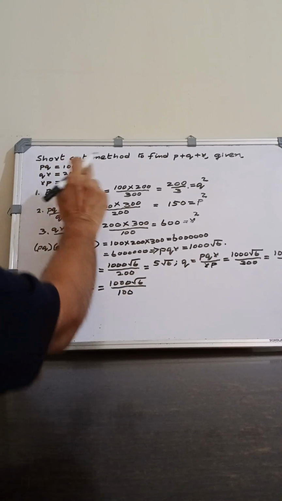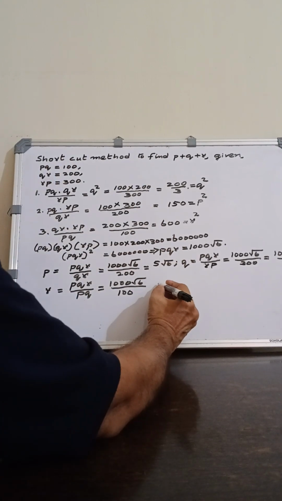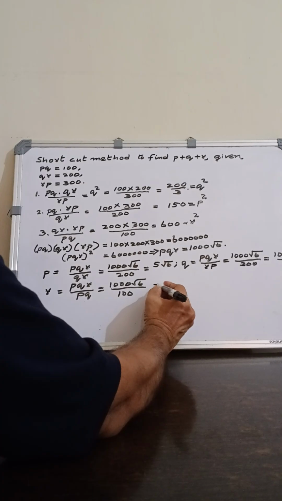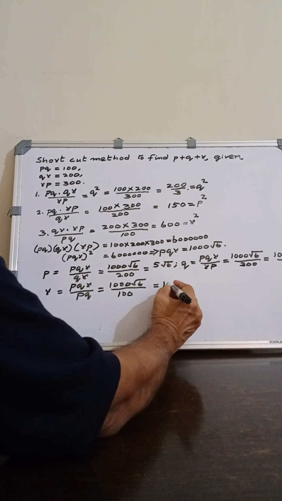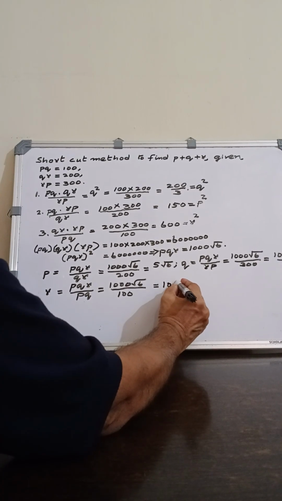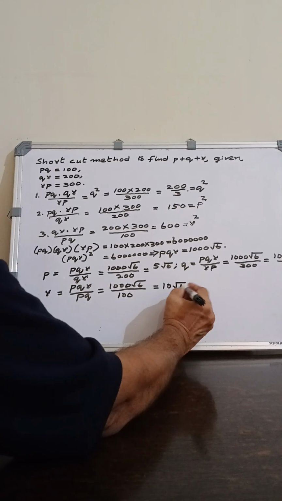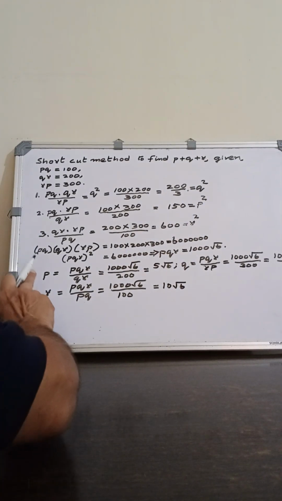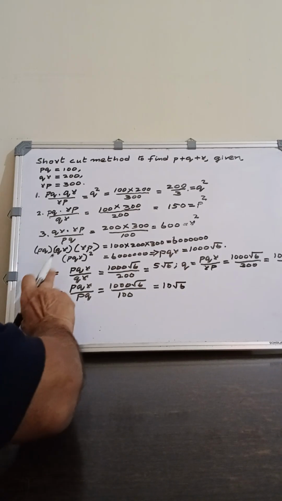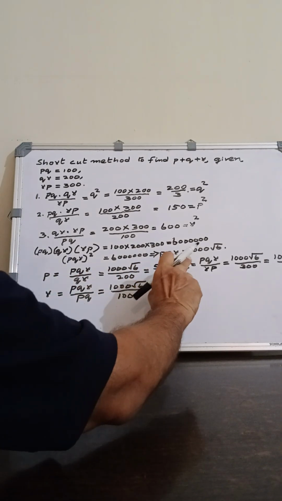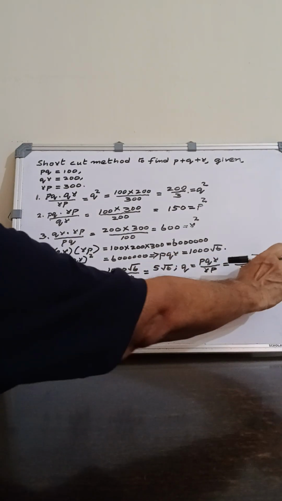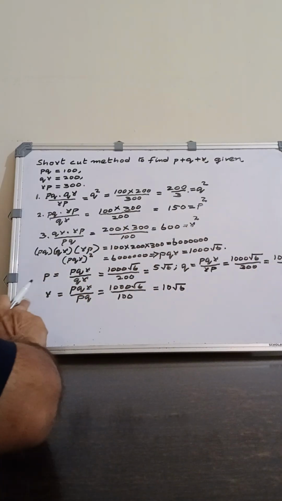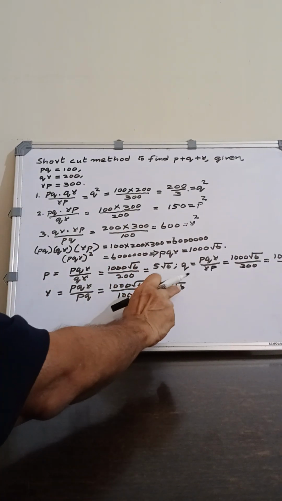For pq, this is 100. That gives 10 root 6. Hence, we placed the value of p to be 5 root 6, q to be 10 root 6 by 3, and r to be 10 root 6.